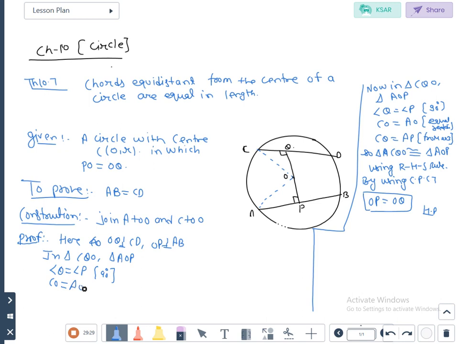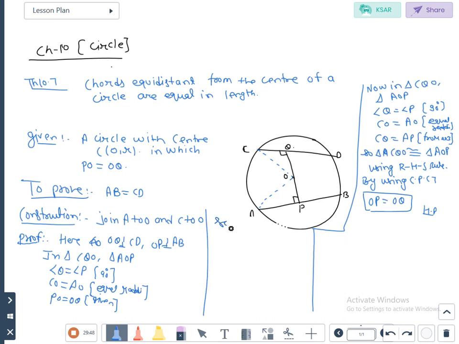CO is equal to AO, that is, equal radius. Third, PO is equal to OQ, which is given to you.